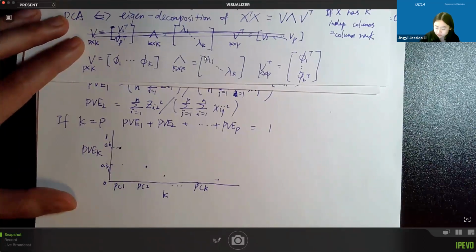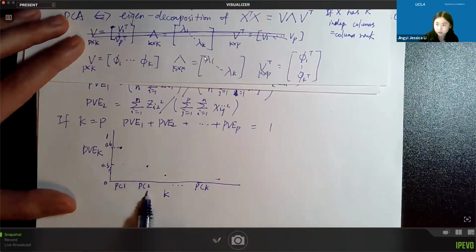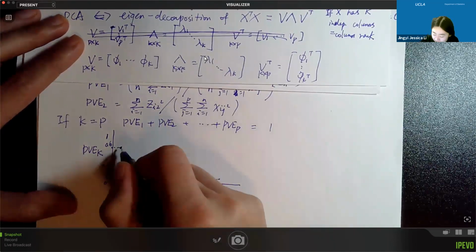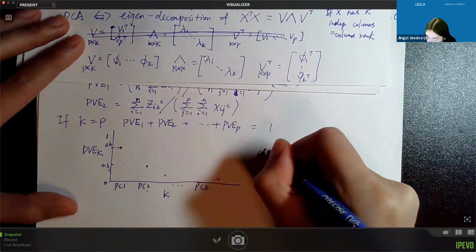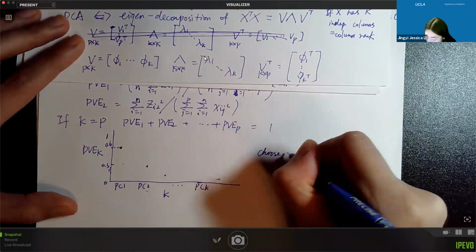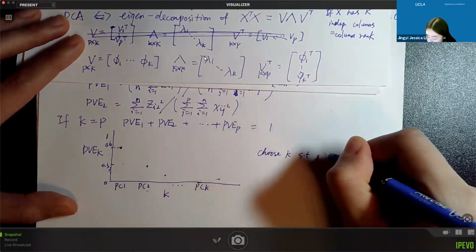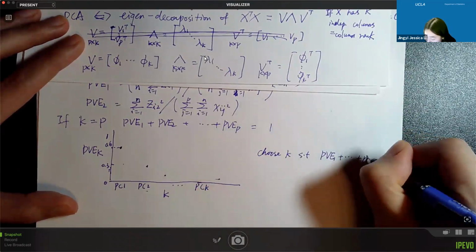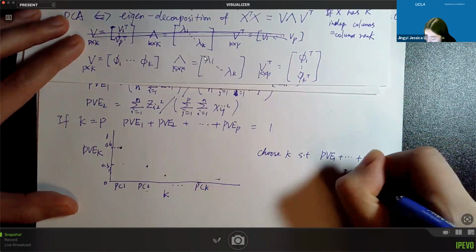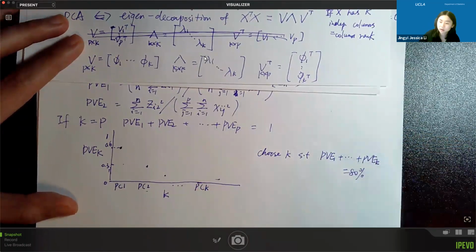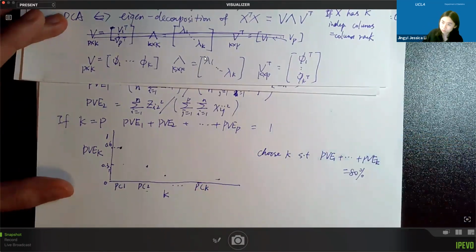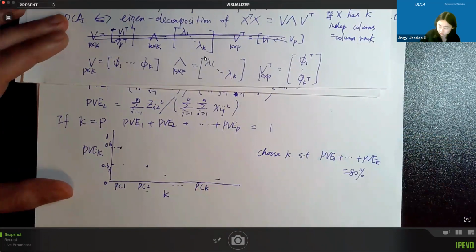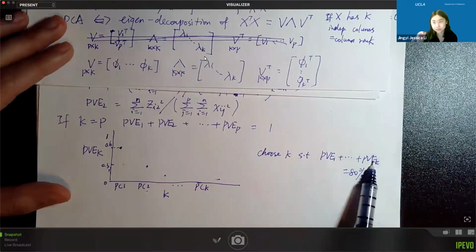These are the first eigenvector, second eigenvector of X transpose X. So usually what we do is choose K such that the summation of PVE1 plus up to PVEK is about 80%. Usually we target that 80% as a reasonable amount of variance preserved and find how many PCs we need.